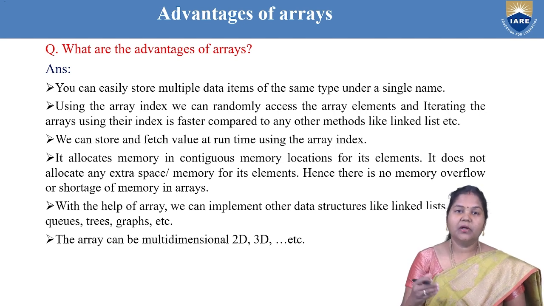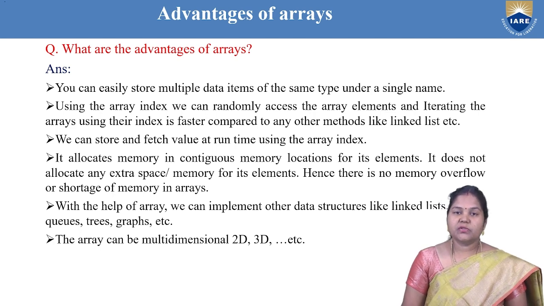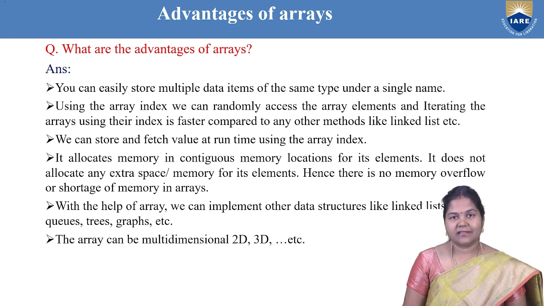That means, if you want to do some traversing operation, or if you want to do searching or sorting, then these operations can be easily carried out through their indices. Then, we can store and fetch any value at runtime using the array index. So, array index is an important concept for doing random accessing and also carrying out different operations on this data structure.